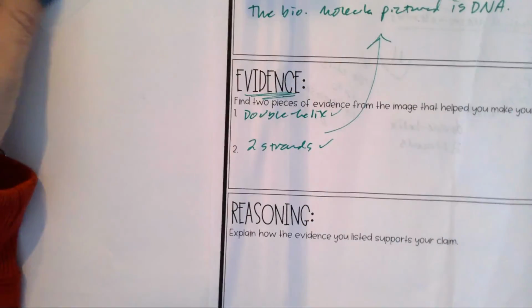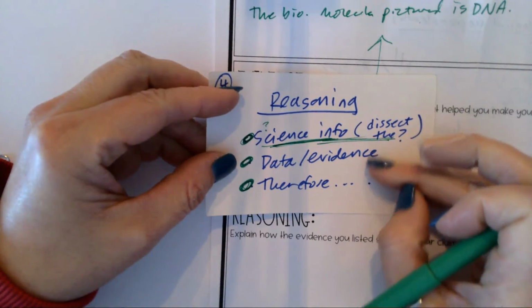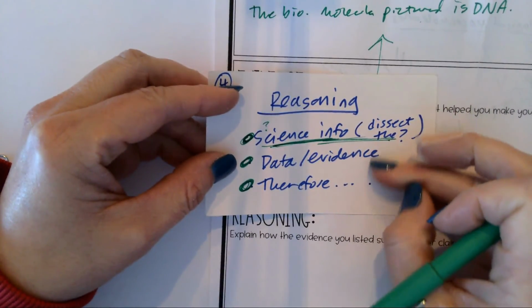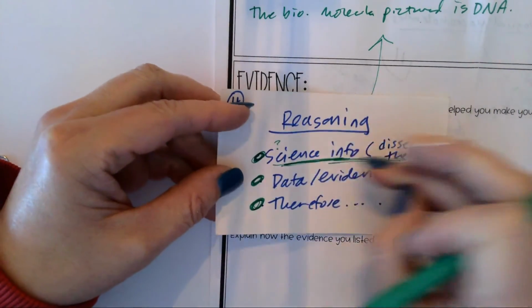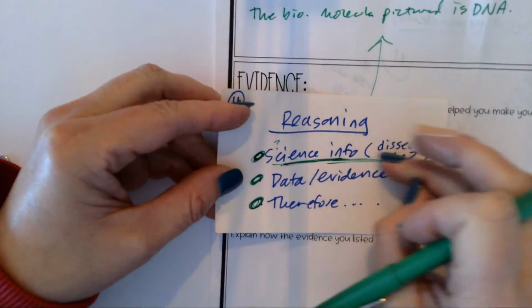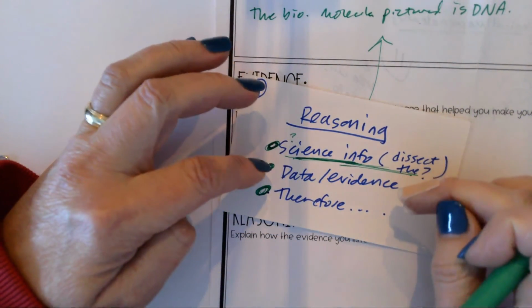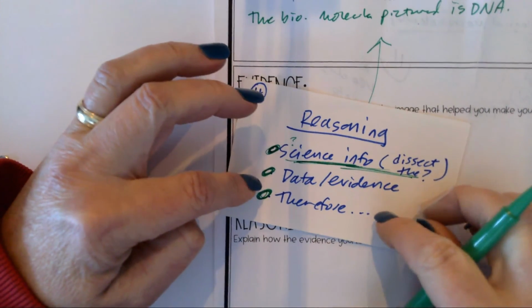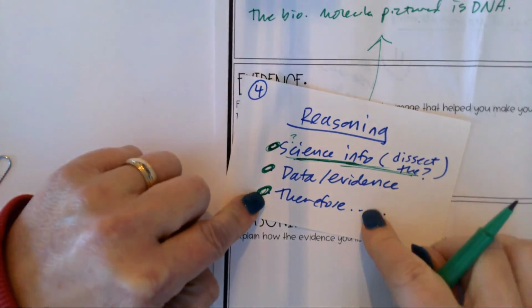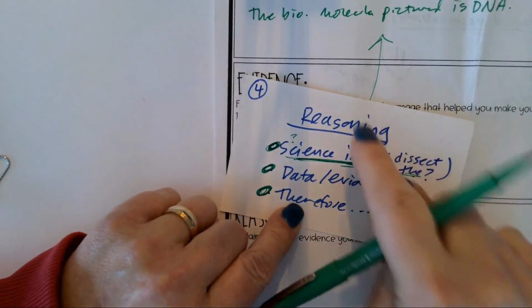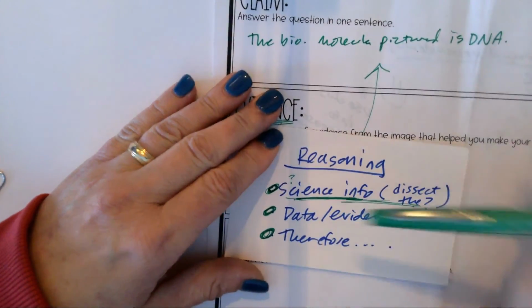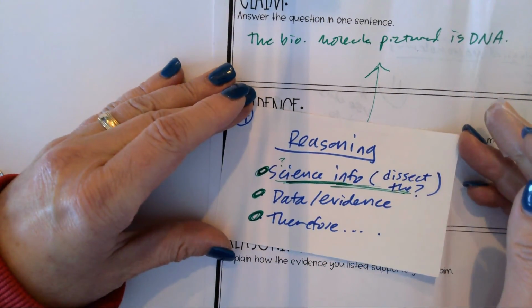So the data and evidence could almost be tied together in one sentence. And then this intro part is 1 to 2 sentences. So it's like an introduction, you've got some evidence and data, and then you're concluding it by wrapping it back around to what you're claiming. Therefore, the biological molecule pictured is DNA.